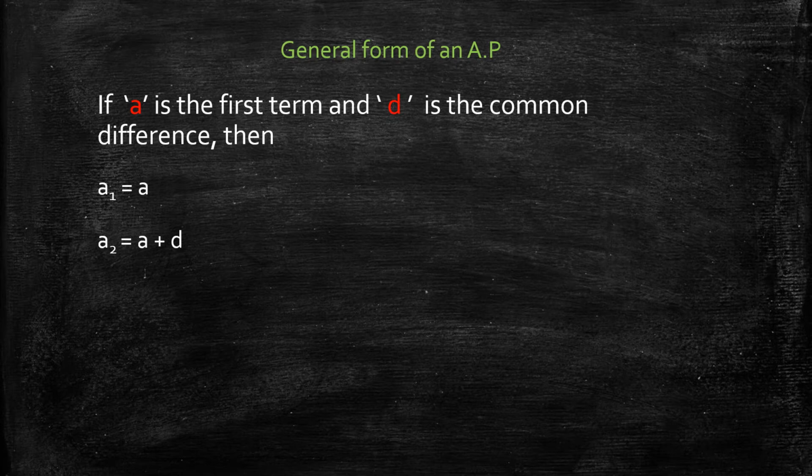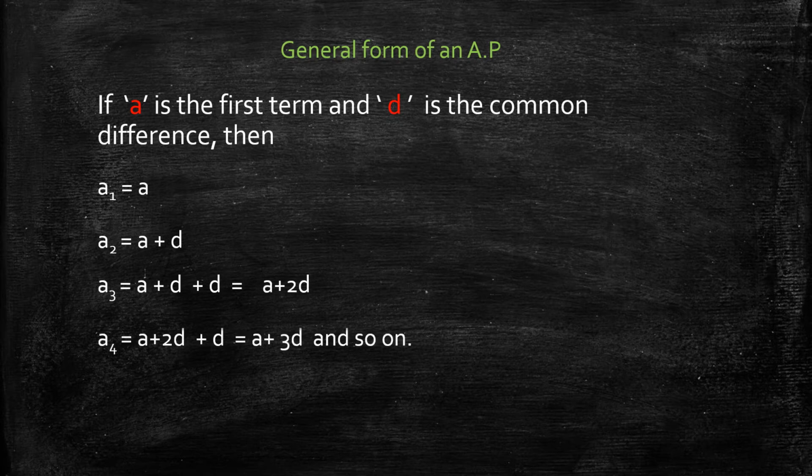Second term, that is a plus d, plus the common difference. So a plus d plus d, that becomes a plus 2d. What will be the fourth term, children? Third term plus the common difference. So a plus 2d plus d, that is a plus 3d.